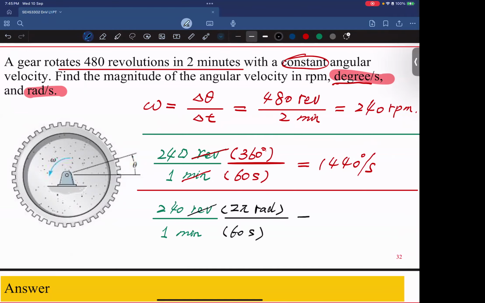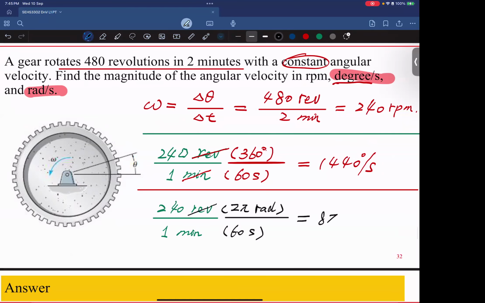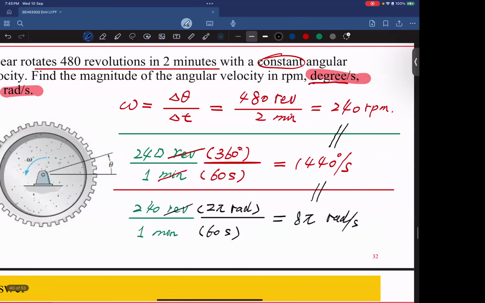Finally, we find 240 times 2 pi over 60, which is 8 pi rad/s. So 240 RPM equals 1440 degrees per second equals 8 pi rad/s.